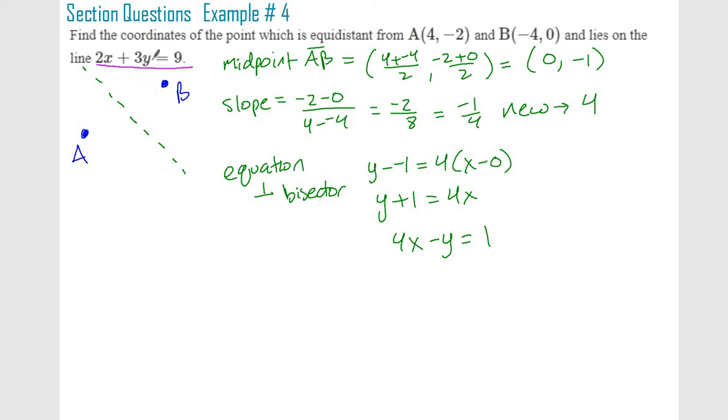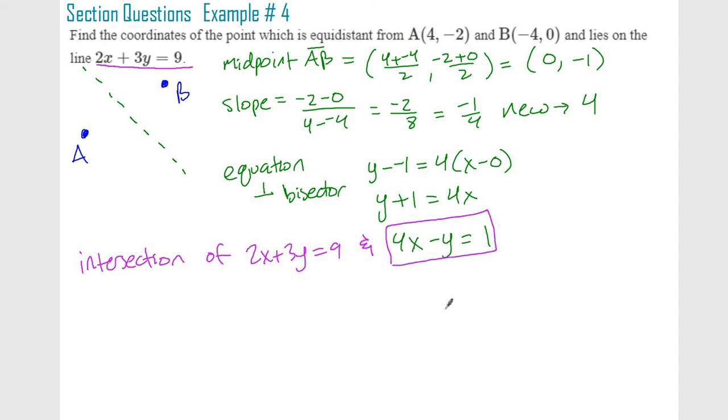Okay, so now we have to find the intersection point. So the intersection of 2x plus 3y equals 9 and this new equation. So we do our systems. So 2x plus 3y equals 9. We can do substitution or we can do elimination.